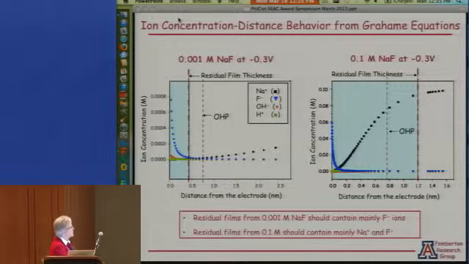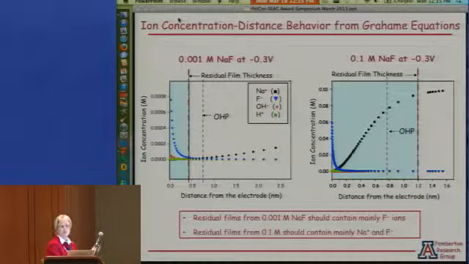And at low concentrations, again using classical Gouy-Chapman and Stern models, you can calculate the composition of the interface in terms of concentration of different ions as a function of distance from the electrode, and you come to the conclusions for both low and high concentrations of electrolytes that the residual films of the low concentration should consist mainly of fluoride ions.